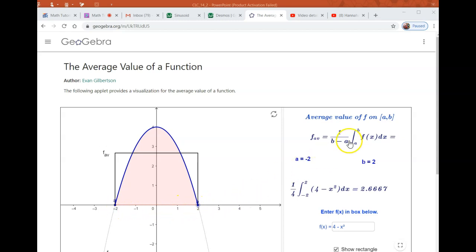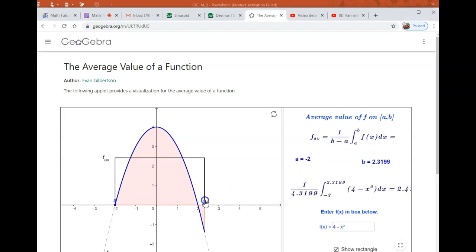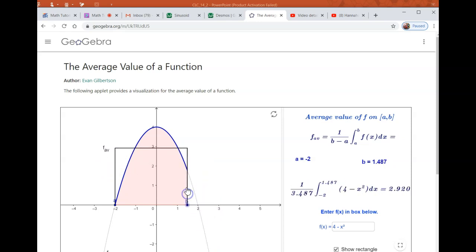All right, and the average value, you remember these, f of x, that's the height of this thing. So the average height over these regions. So notice as I'm moving to the right, the function's going down, and the average value, that horizontal line, is shrinking. All right, if I bring it back, now we're going higher. We're stopping up here, and we're always above the x-axis, and that average value gets higher.